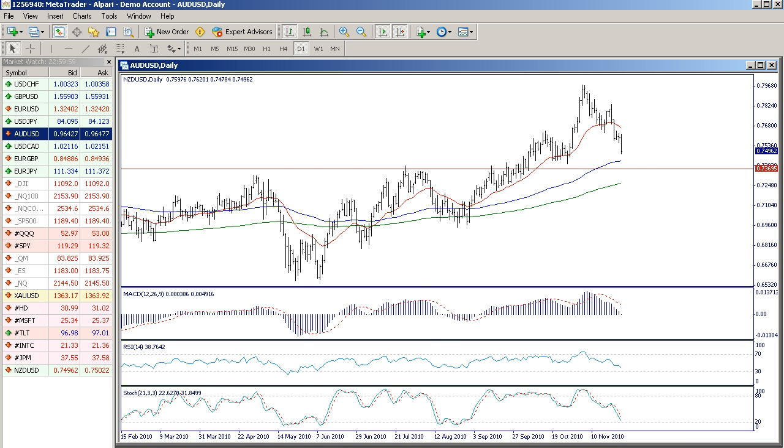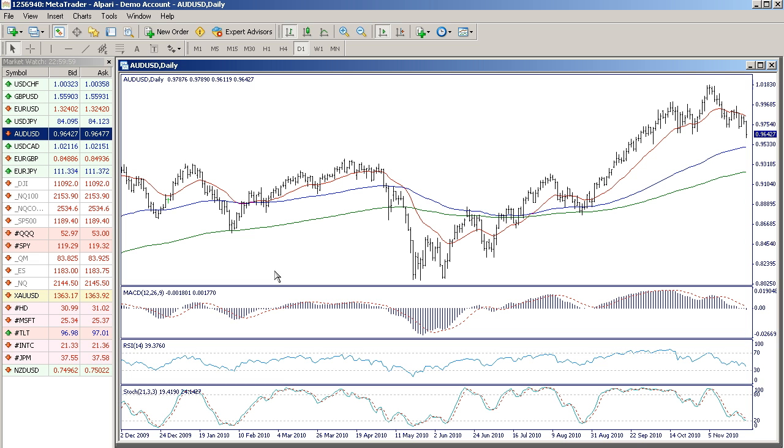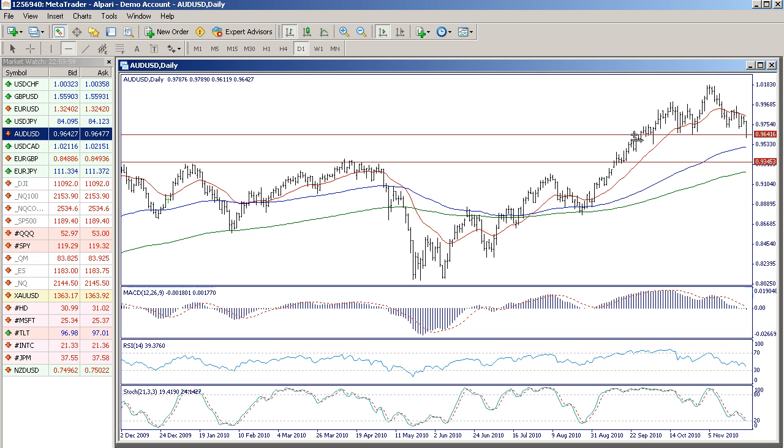If you take a look at the Australian dollar, the Aussie against the US dollar, again, you will notice that while the previous breakout level near 93.50 is still holding, the pair is just breaking down from this topping formation here.